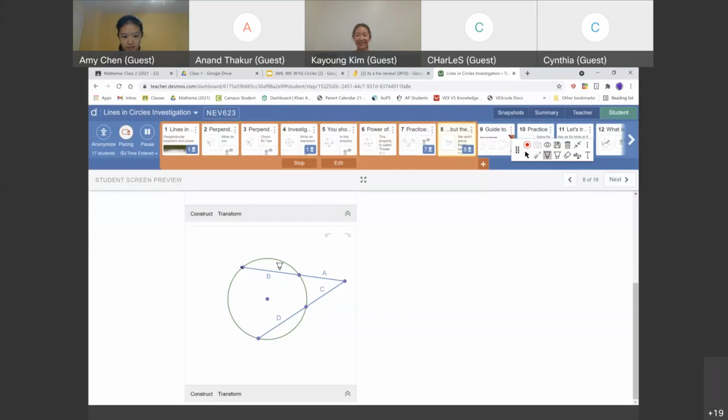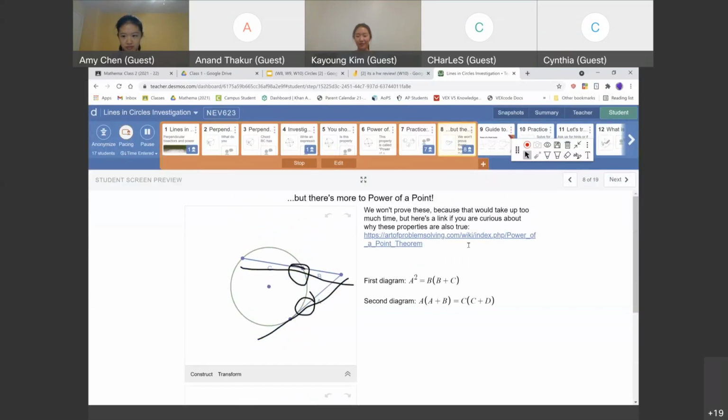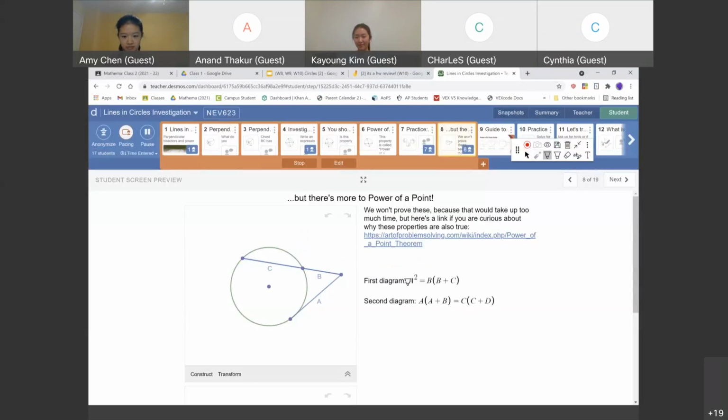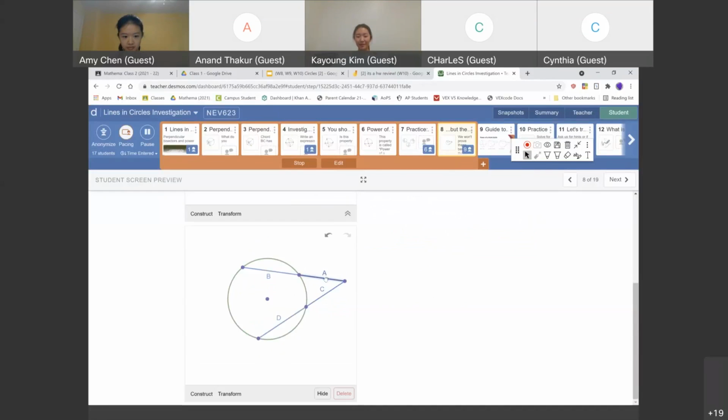You'll see what I mean if you scroll down. In the first one, a squared, the one that doesn't pass through 2 points of the circle, is equal to b times b plus c. And then the other one is kind of similar. So a times a plus b is equal to c times c plus d.